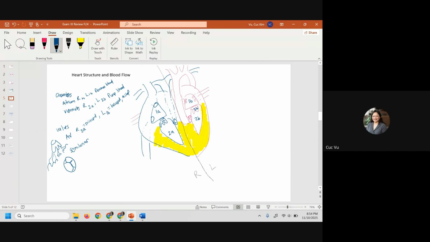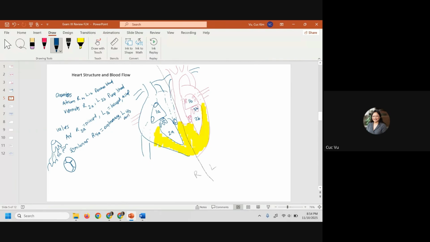Let's do your right as 4A, and your right one is actually called what? And it's the only name it goes by. The pulmonary. Yes. And then the left, aortic.